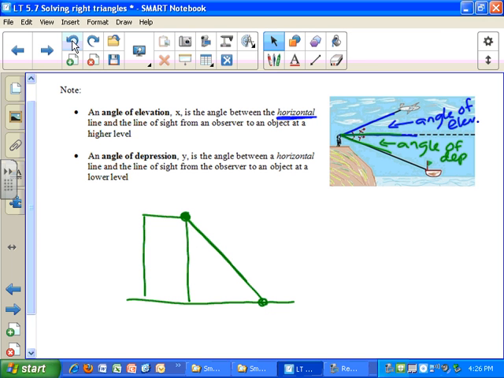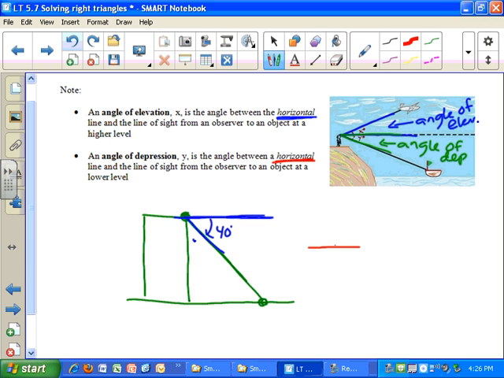But even if it's not already drawn in the drawing, you always have to say the angle of depression goes from horizontal looking down. That would be the 40-degree angle, not this one in here. So remember, angle of elevation and angle of depression are always from the horizontal looking up or from the horizontal looking down. Okay, that is it.